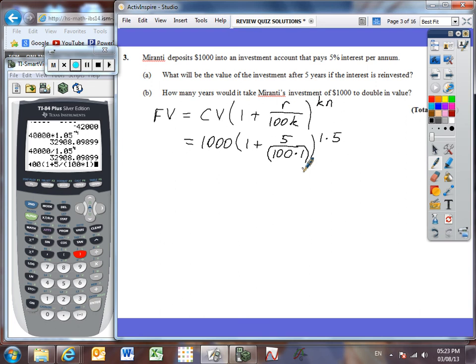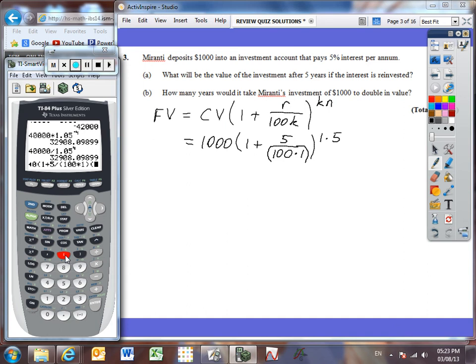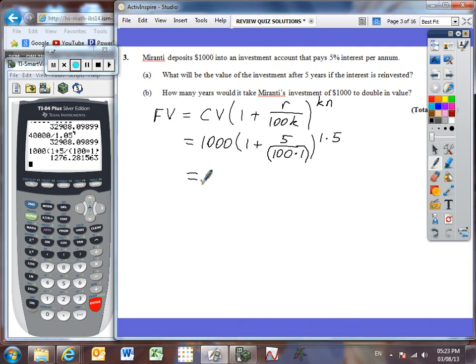And then I'm raising this result, so I'll close the other set of parentheses. Oops, that's not what I meant. There we go. I'm raising this result all to the power of 1 times 5. And we get an answer of 1,276. This is dollars, so you include the units, $1,276.